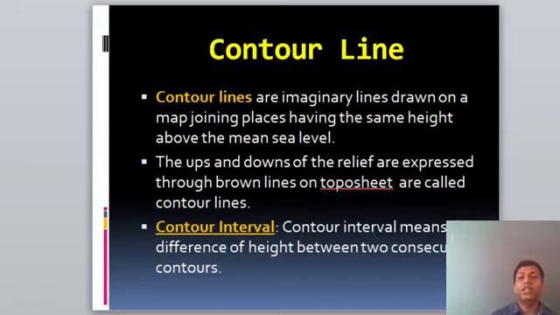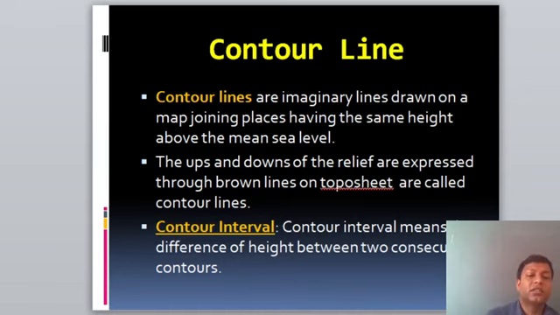You can also say about the topo sheet, the ups and downs of the relief are expressed through brown lines on the topo sheet, called contour lines. Yes, dear students, in your topo sheet, contour lines are always shown in a brown color. What color? Brown color. Keep in mind. Okay?